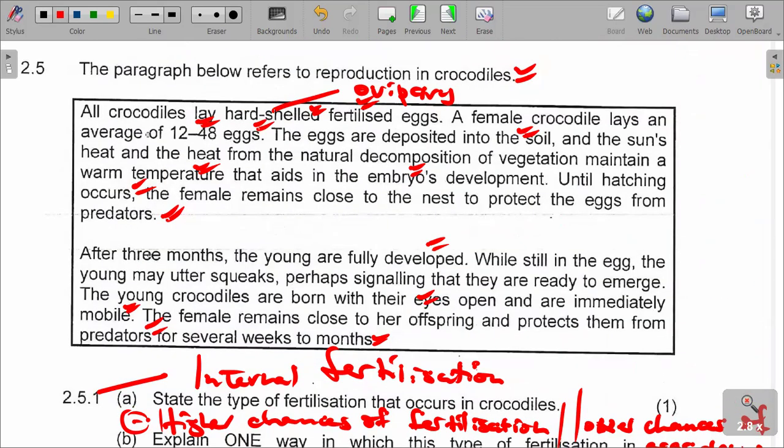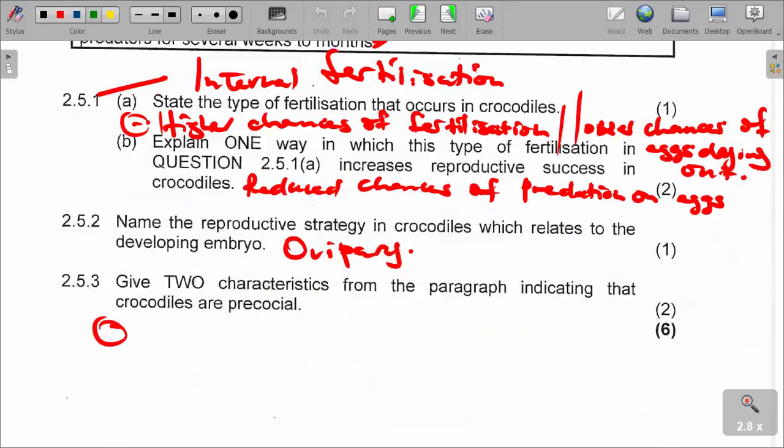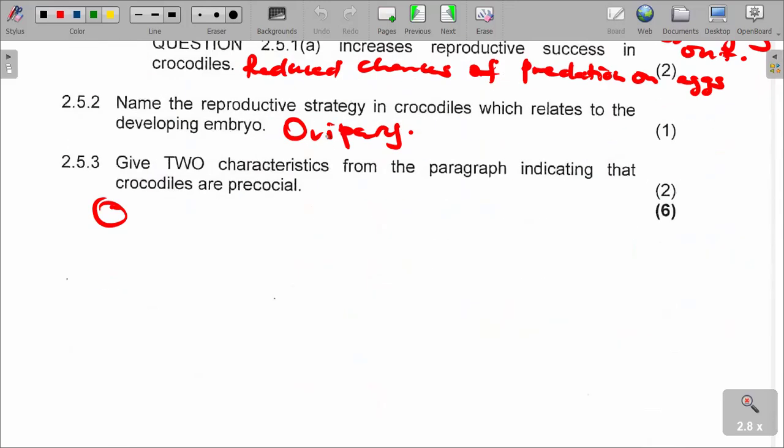The young are born with their eyes open and are immediately mobile. Those are the answers we are looking for.